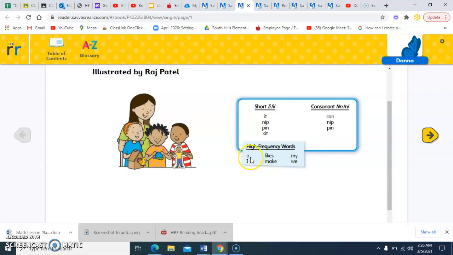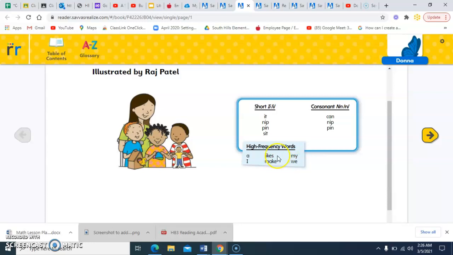And so we have a, I, likes, make, my, we. And today we were talking about the letter Y and that it makes more than one sound, just like the vowels do. And so when we see my, there's no I, and it's a letter Y. And so that's one of those words we just have to be able to look at and know that that word is my.